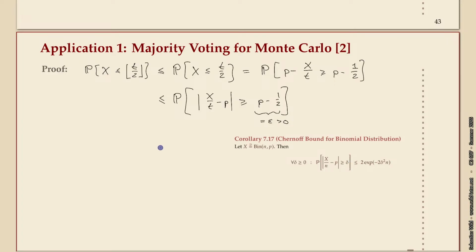So here we applied the Chernoff bound. And we have to insert what we have on the other side. So it's 2e to the minus delta squared, which is epsilon squared in our case, and the n is a t because our binomial has t repetitions.